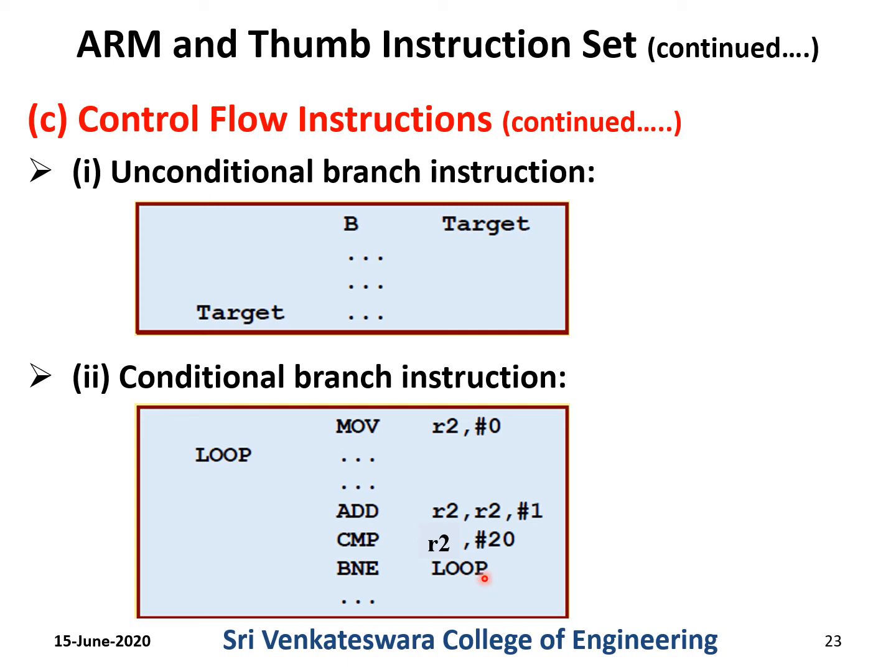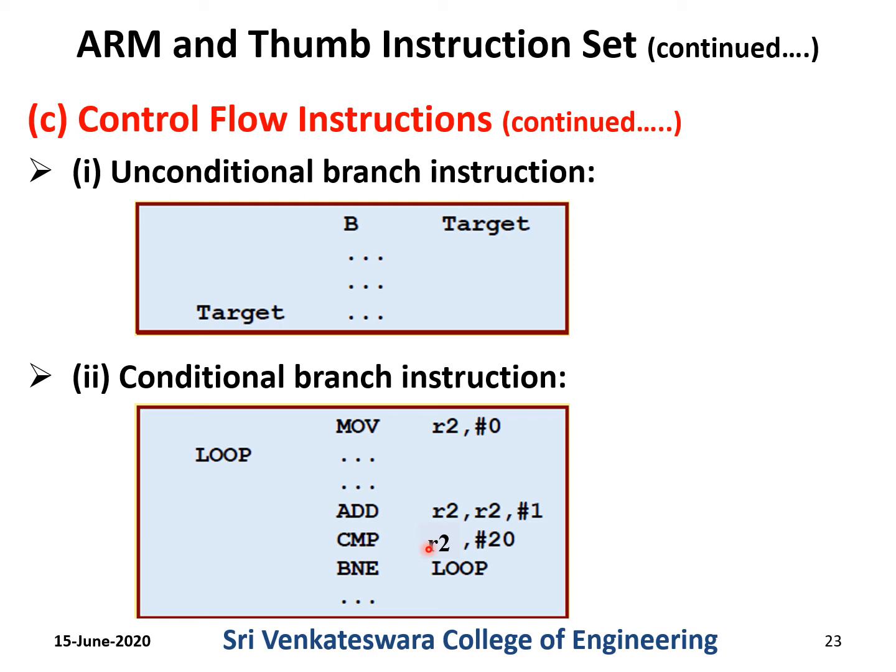Here loop is the label used, and loop represents this memory location. So if the zero flag is not set, then the loop continues. Then the same set of instructions starting from loop onwards are executed. Once the zero flag is set, then the instruction following BNE will be executed. So before BNE, here you can see the CMP instruction, compare instruction, is used.